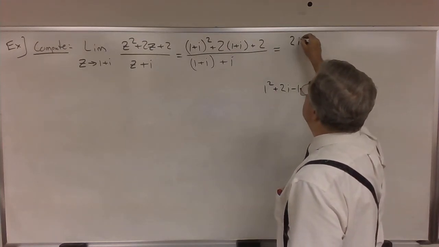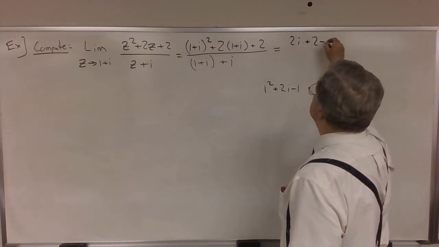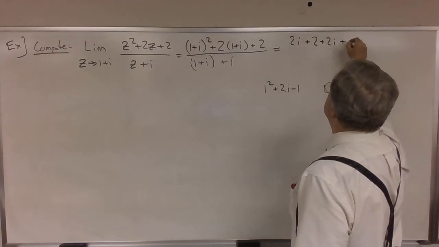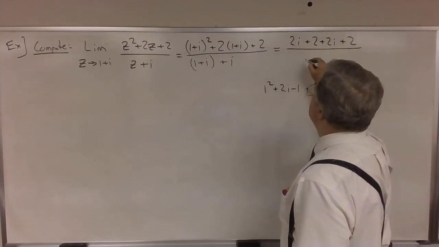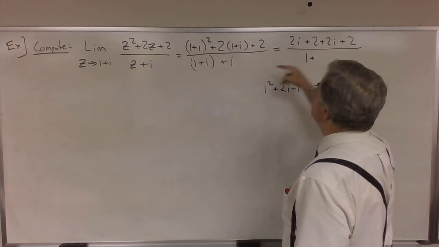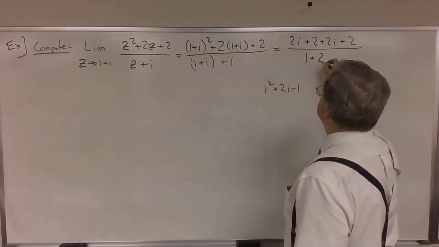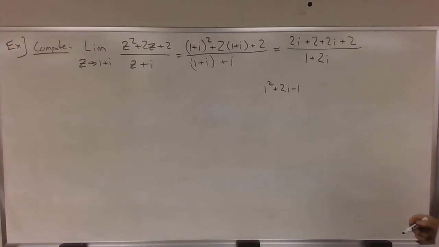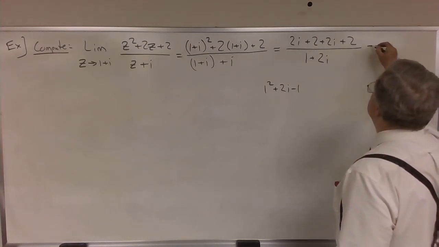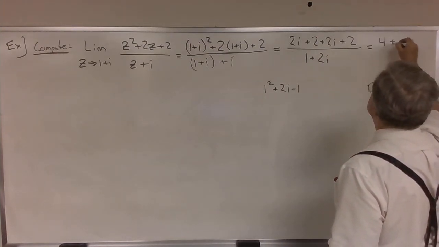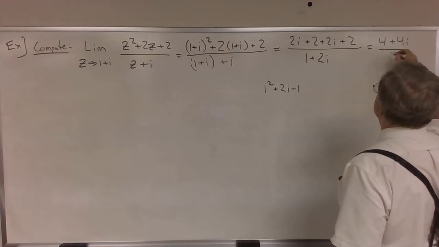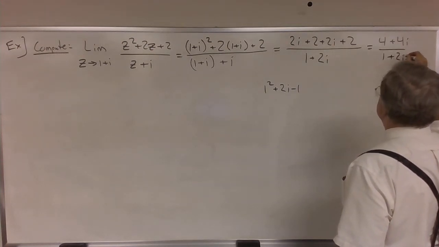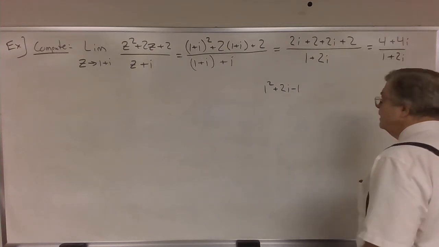So we get 2i plus 2 over 1 plus 2i. Let me just make sure I did that the way I wanted to do it. 2 plus 2i plus 2. And that's 4 plus 4i over 1 plus 2i.